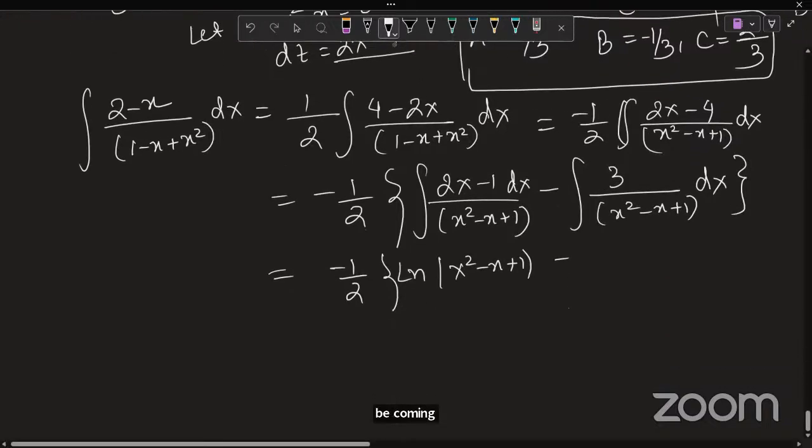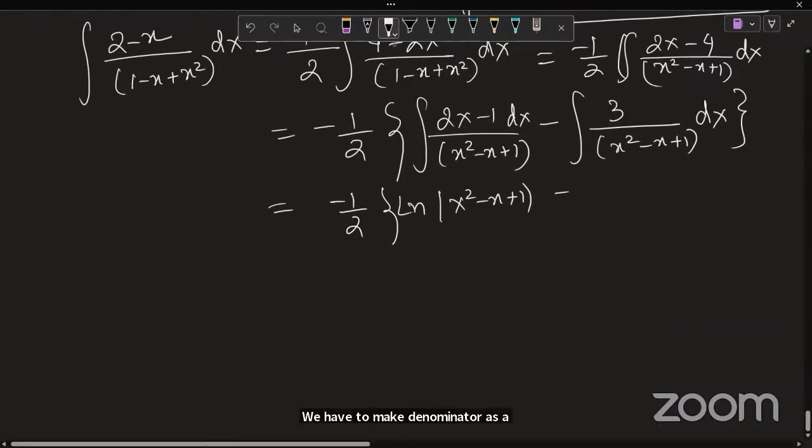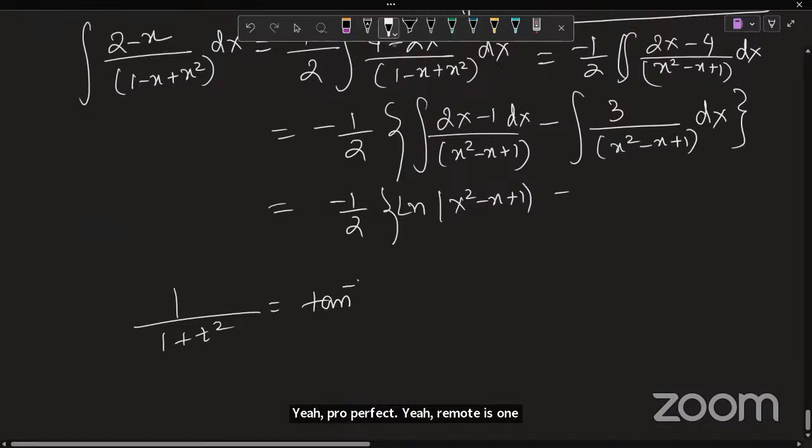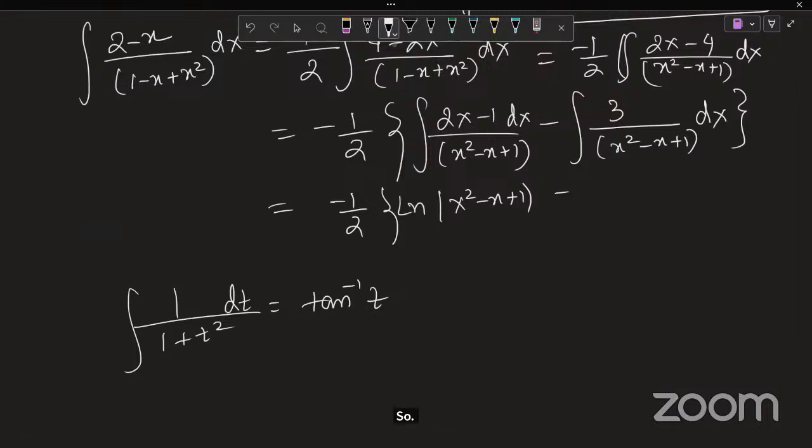We have to make the denominator a perfect square. For a perfect square, you have remembered that the integration of 1 by 1 plus t square dt is tan inverse t, right? Yes. So just make the denominator a perfect square.